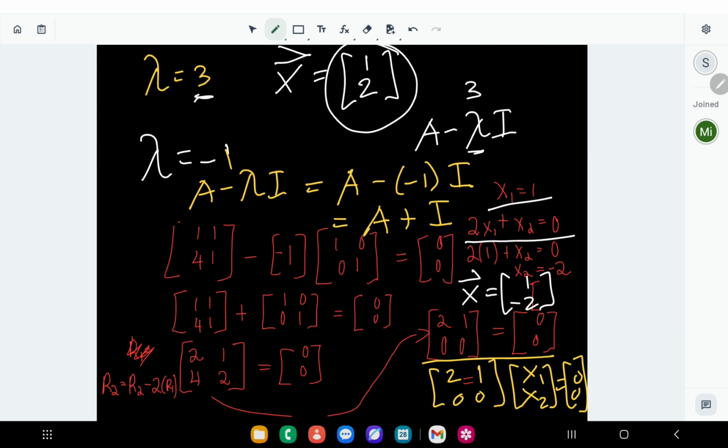You can always check that from here: Ax equals lambda x, if they are equal.